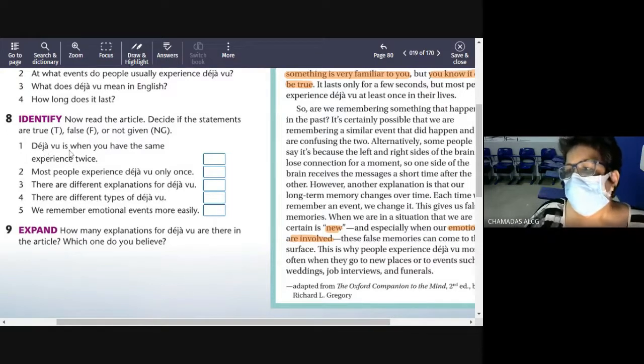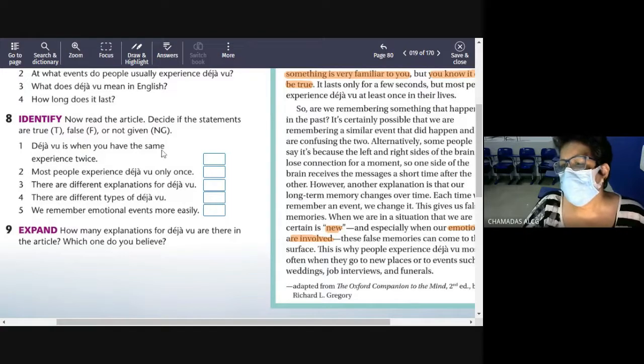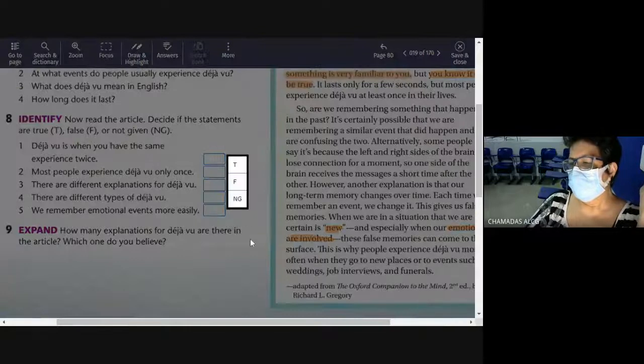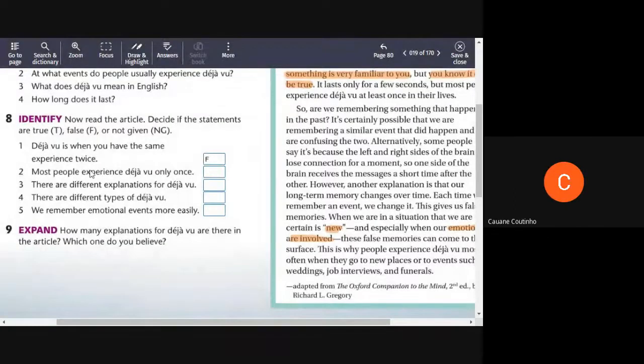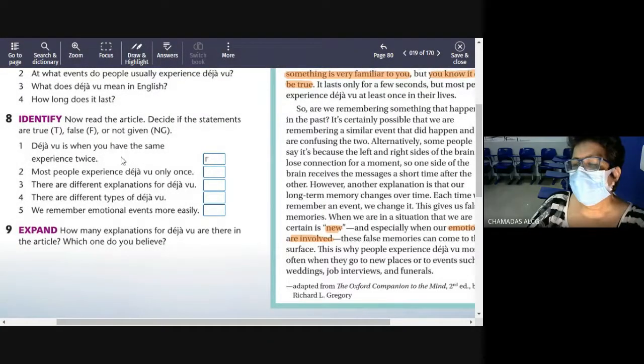Déjà vu is when you have the same experience twice. Is that true? False. It's not that. It's not that you have the same experience.